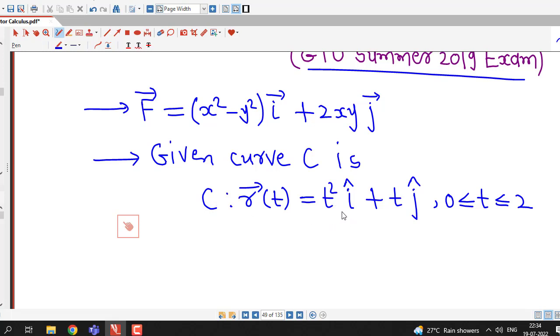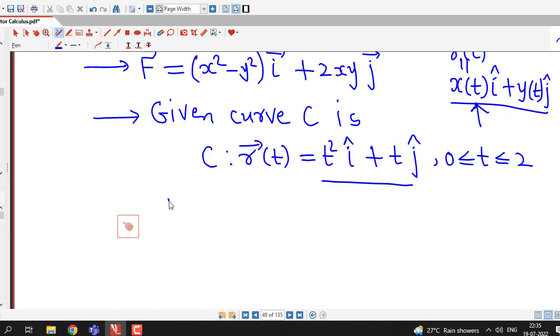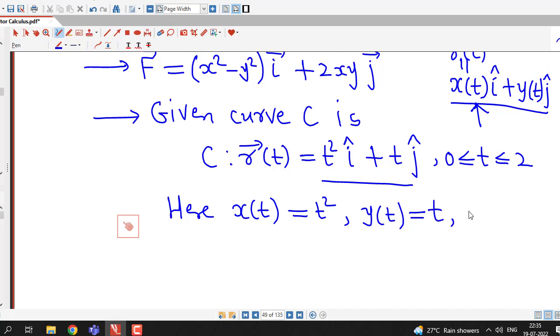If we compare r bar t with x of t i plus y of t j, the general parametric representation in a plane, then we can see x of t is equal to t square and y of t equal to t, and limits of t are from 0 to 2.